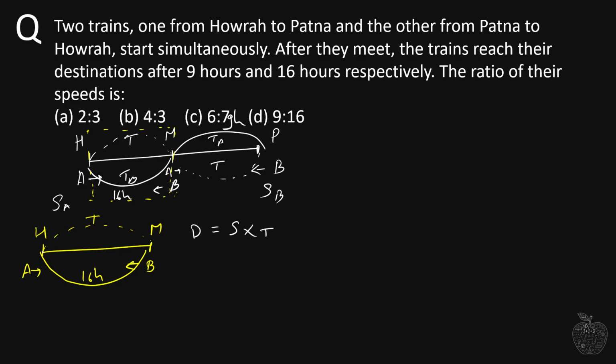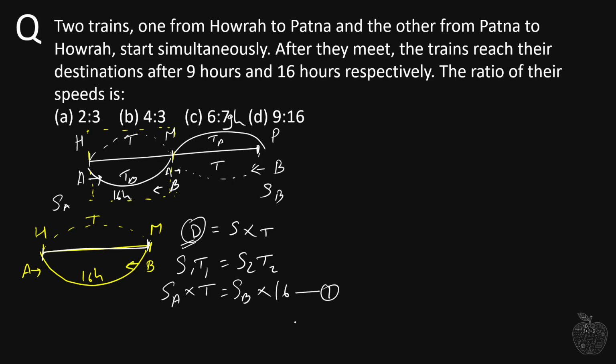And in this case, the distance for both trains A and B is the same, HM. So from this we can imply S1 T1 is equal to S2 T2, S1 being the speed of train A and the time taken by train A being T, equal to S2, the speed of train B, into the time taken by B, which is 16. Let's call this equation 1.